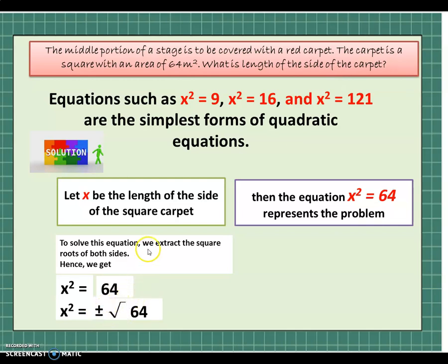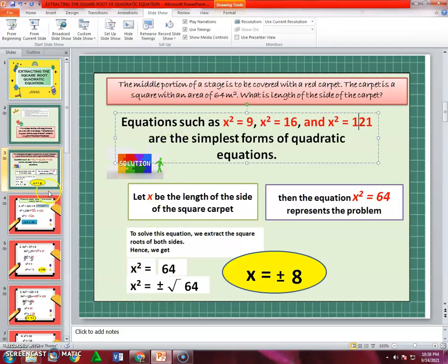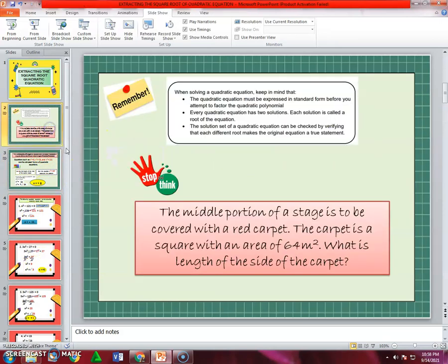Kasi po, pag nag-extract tayo ng square root, ito na yung sinasabi kanina na magkakaroon tayo ng roots, so isang positive and negative. Yung kanina. So, ayan, roots of the equation.